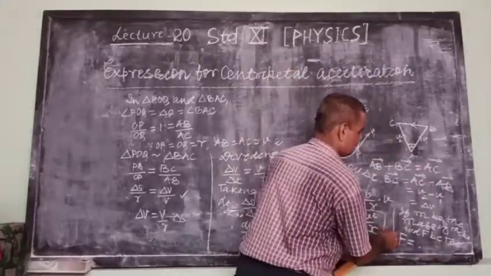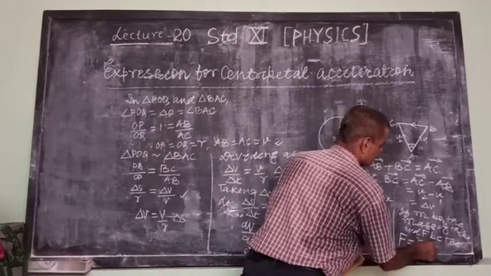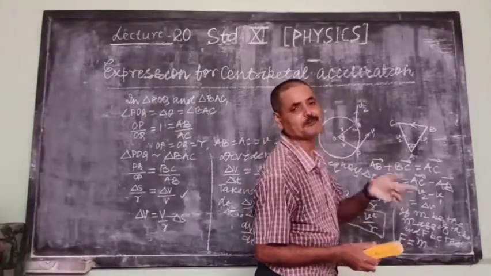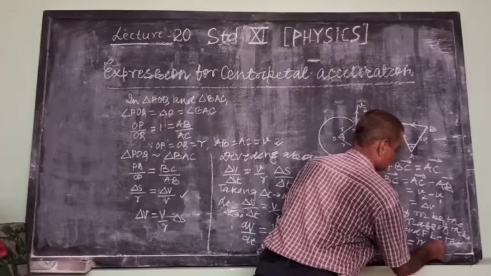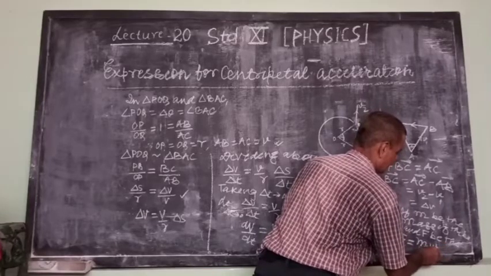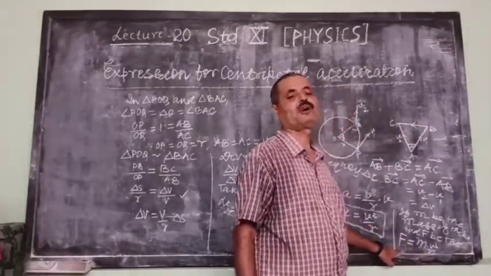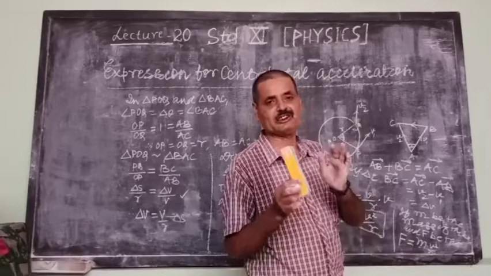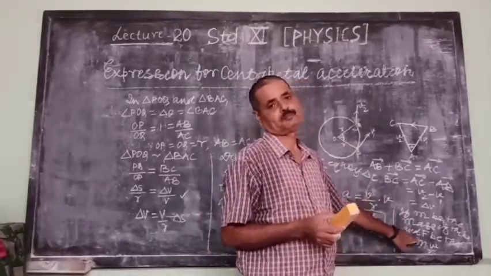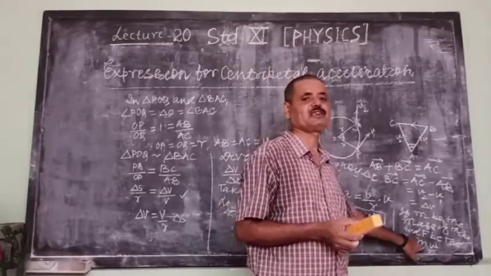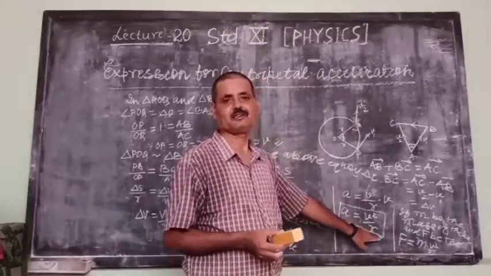So the centripetal force is equal to mass into centripetal acceleration, and centripetal acceleration is V square by R. So this is the final expression for centripetal force. If the question is to find an expression, then you have to follow these steps. Otherwise, the answer is here.